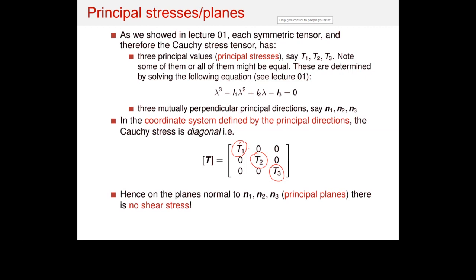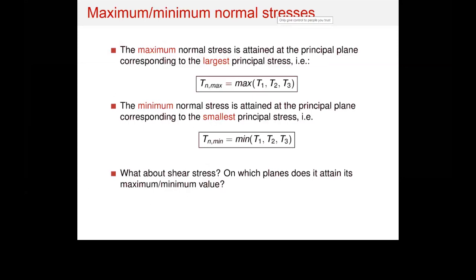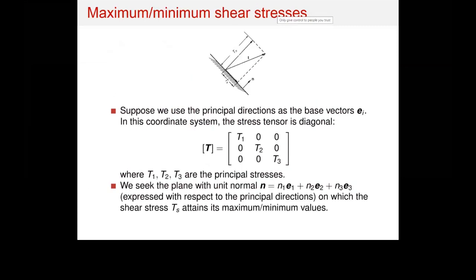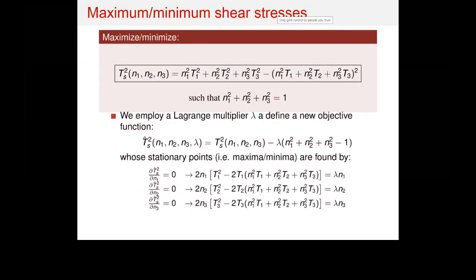So the principal stresses are the maximum normal stresses, and these are normal values of the stress. And there are shear stresses as well. This is the maximum shear stress, and can be calculated using this equation here.